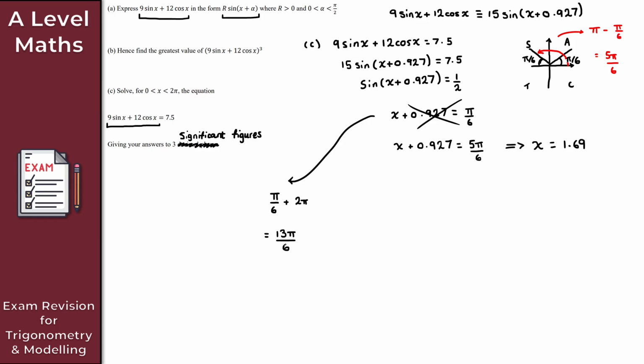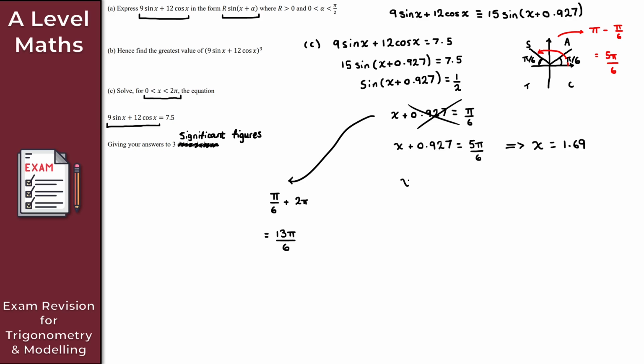So if you put 13 pi over 6 into your calculator, we get 6.806784, and so on. Your first thought might be to reject that solution because it falls outside of the domain. But don't forget, what we also need to do is subtract 0.927 from this. Once we do that, it will fall inside the domain of valid solutions.